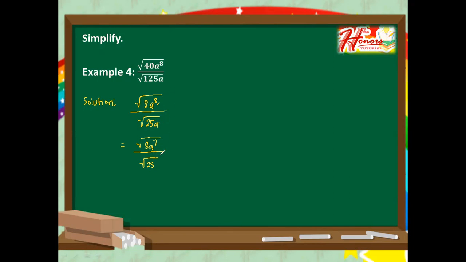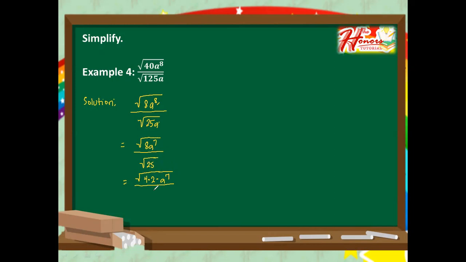So now we can simplify this. For 8, you can think of factors of 8. One is a perfect square number and the other one is not. So we can have here 4 times 2 times a raised to 7. Don't forget to extend your radical symbol just to indicate that a raised to 7 is still included.